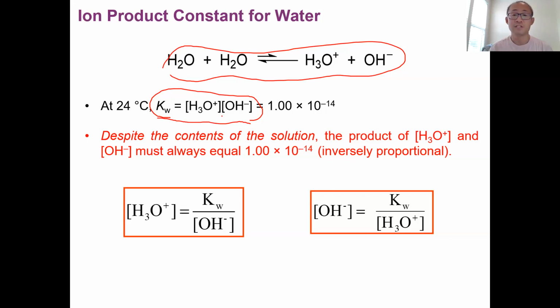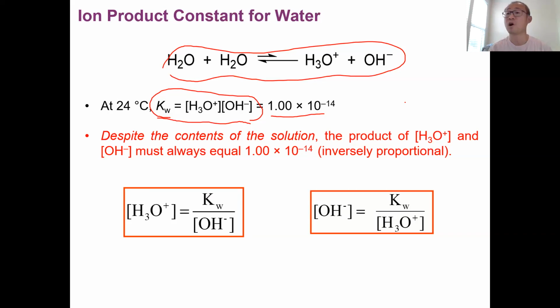Like I said, the chance is 1 over 10 million, so you multiply these two concentrations and get 1 times 10 to the negative 14th, because 1 over 10 to the 7th times 1 over 10 to the 7th is 1 times 10 to the negative 14th.